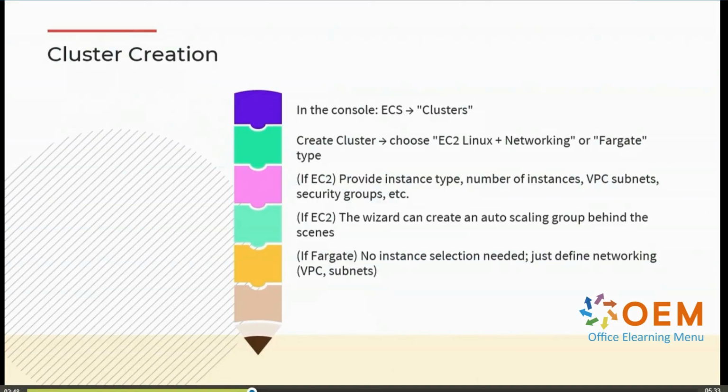You don't select instance types or quantities, you only need to define the networking settings, the VPC and subnets, where your Fargate tasks will run. After configuring the necessary details, you finish the creation process, AWS then provisions the resources, and you wait for the cluster status to change to active, indicating that it's ready to accept tasks.